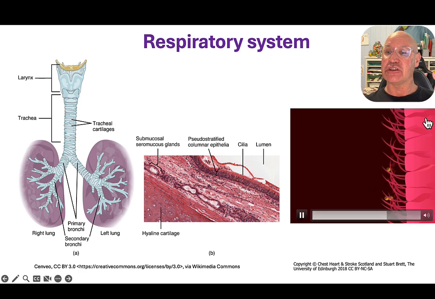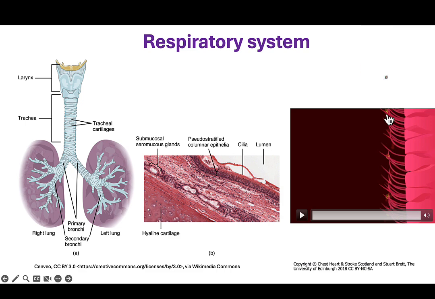So these are specialised cells with specialised structure. Not only do they secrete mucus, but they also have cilia, and these line the trachea. And that's what we can see here. These are the specialised columnar epithelium with the cilia.